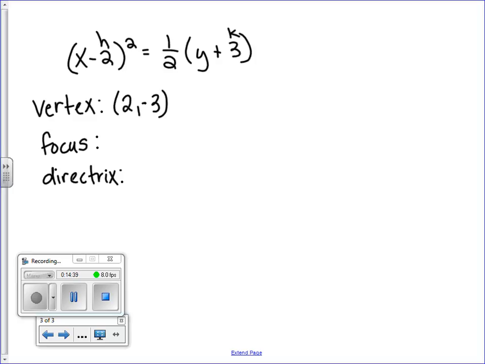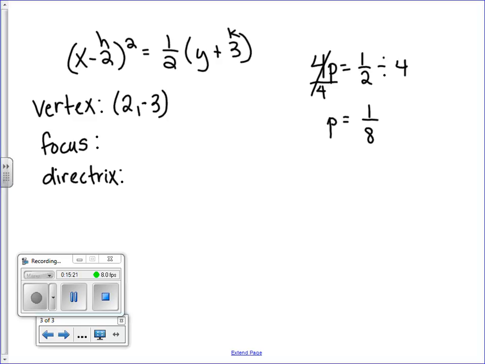Here's H, here's K. All right, in order to get the focus, I need to know what P is, right? What's in the P place? 1/2. Okay, so does that mean P is 1/2? No, that means 4P is 1/2, right? Okay, so what do I do? Divide by 4. And P is 1/8.